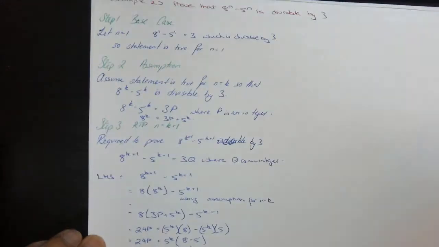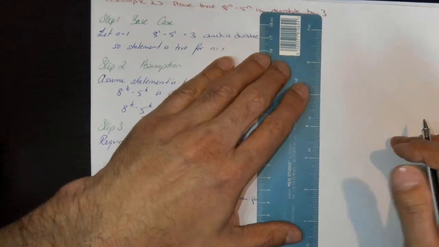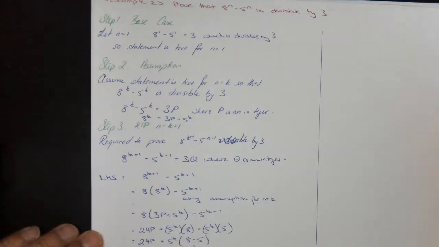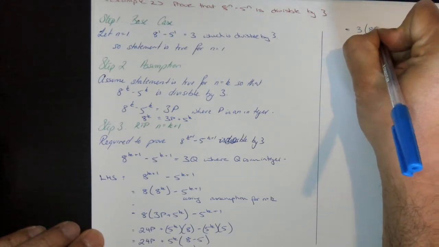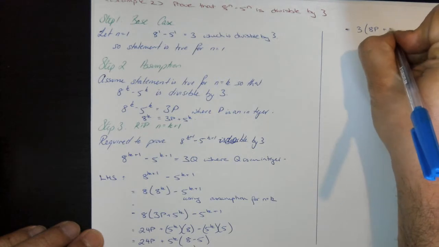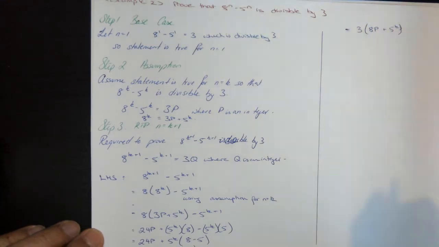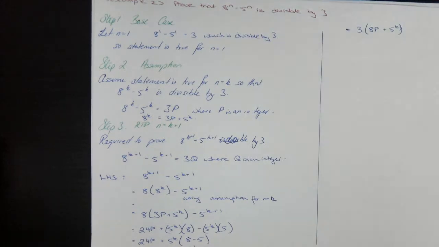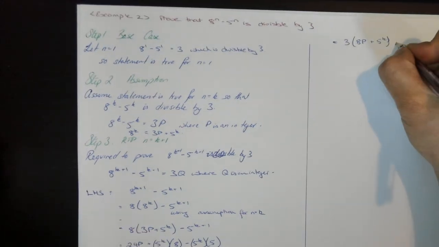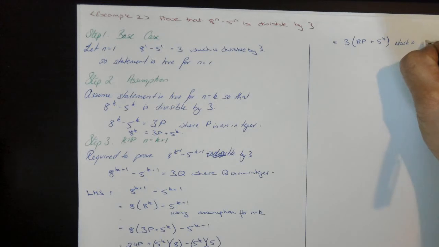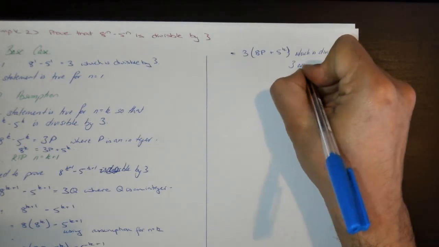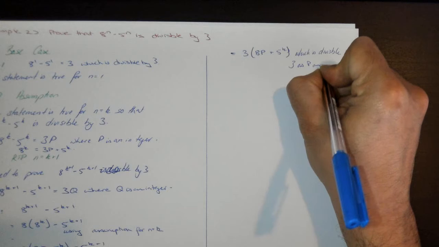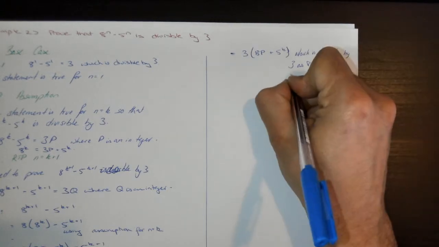Just swap them over. Now I'm going to take out a common factor of 3 from both sides. So I get 3 lots of 8p plus 5^k, which is divisible by 3 as p and k are integers.